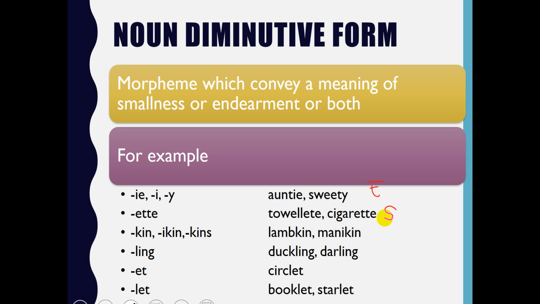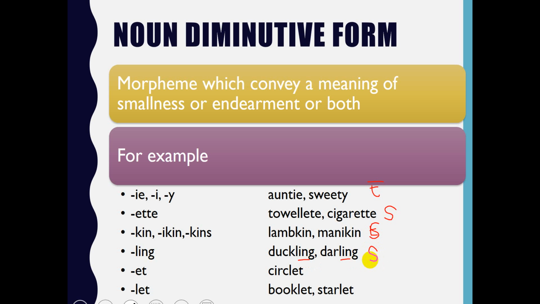Lamb, lambkin, with kin. So lambkin refers to a baby lamb. So this one can indicate smallness. Also the word duckling, from duck. If you add ling here, and then darling from the word dear. Darling, little dear.